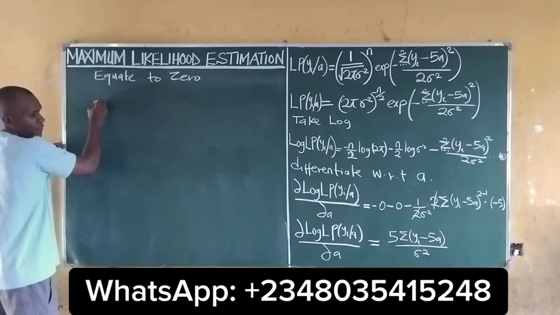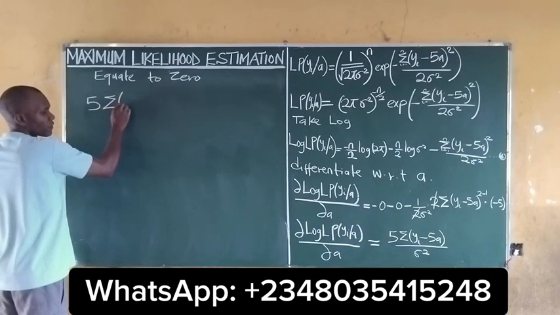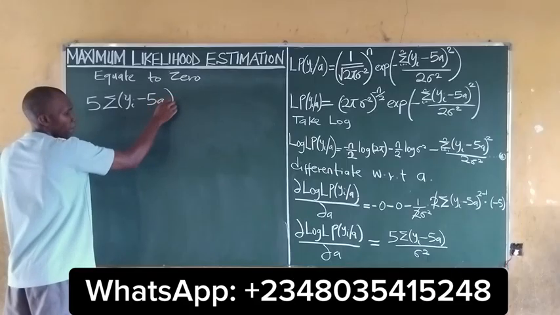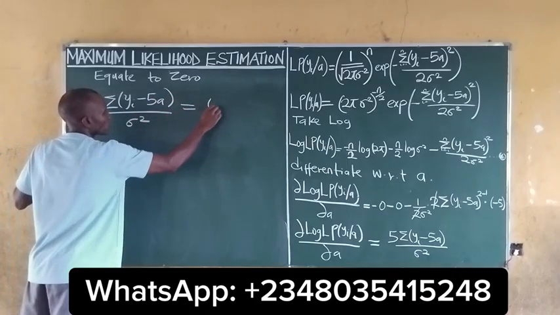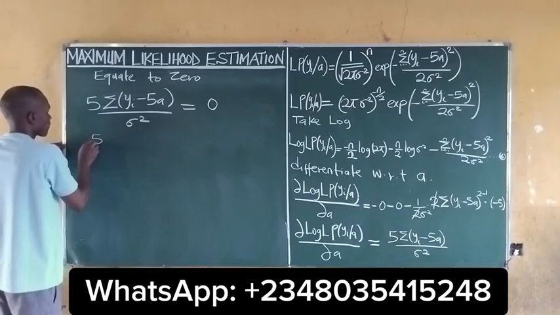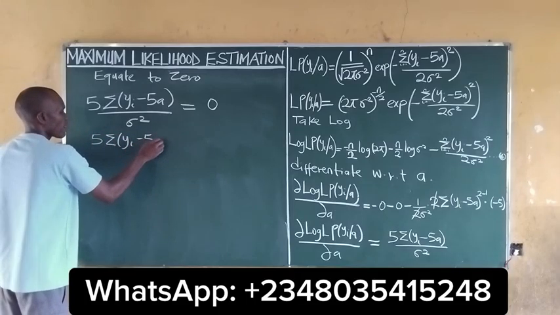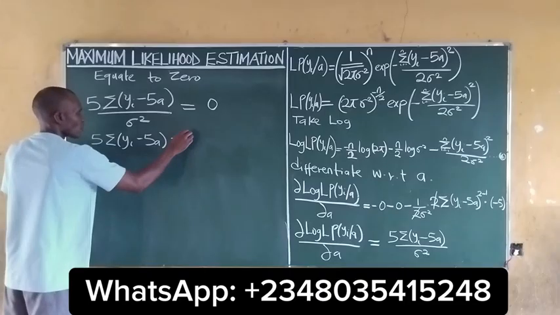It then means we'll have 5 summation yi minus 5a all over sigma squared to be equal to 0. Of course, this is also 5 summation yi minus 5a is equal to 0.